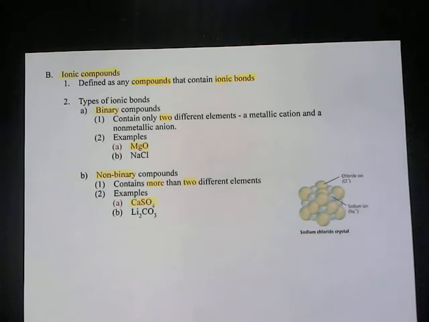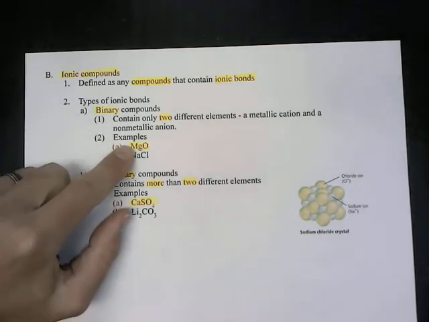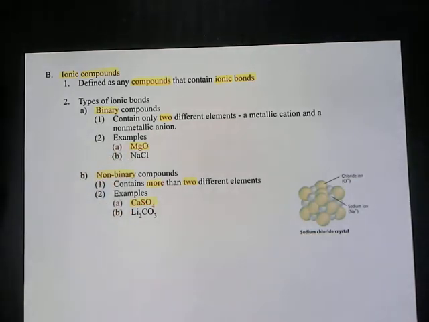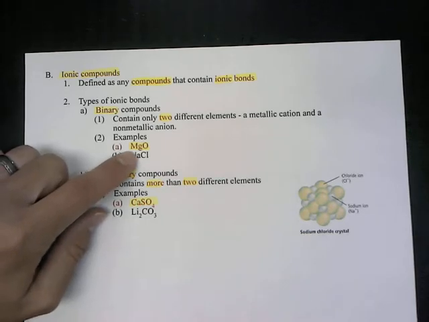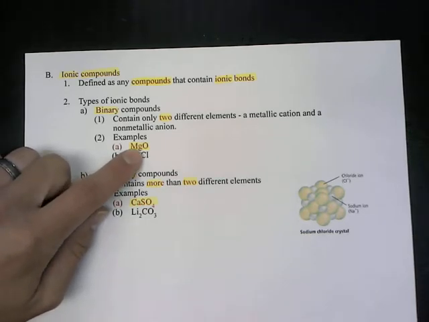The first is a binary compound, which contains two different elements. Our examples here are MgO, magnesium oxide, and NaCl, which is sodium chloride. Again, these are two different elements.